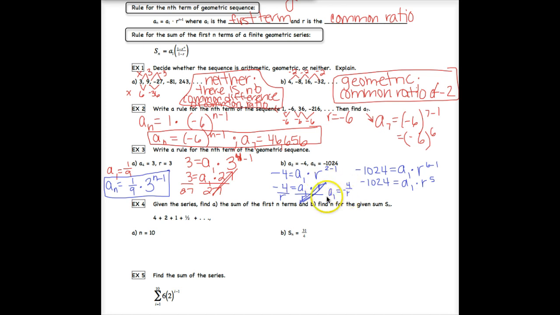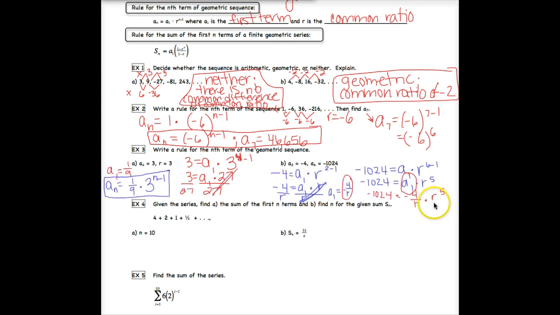So hopefully we can all agree on this fact. If that is true, that means that I can take this negative 4 over r and put it in here, in place. So when I do that, I get negative 1024 equals negative 4 over r times r to the 5th.